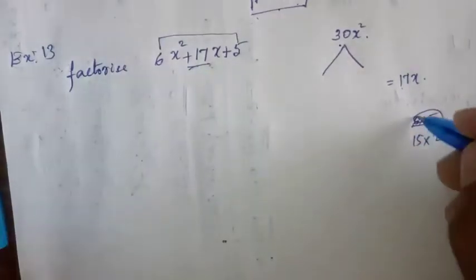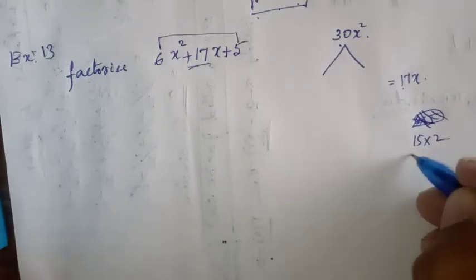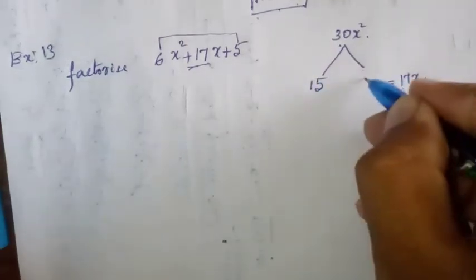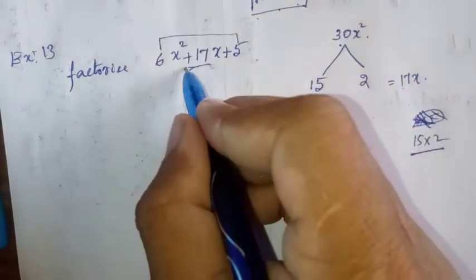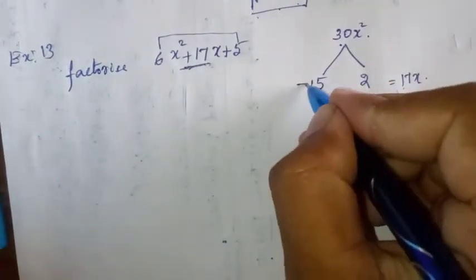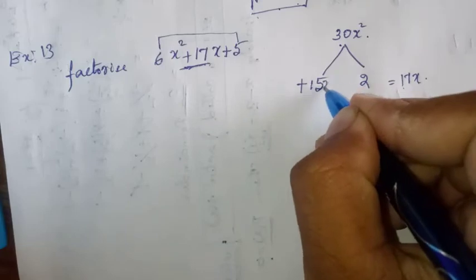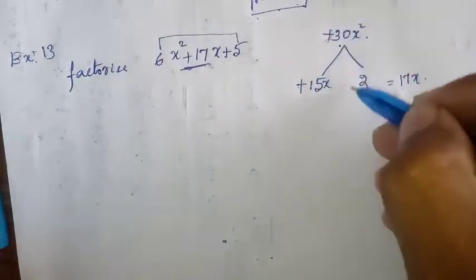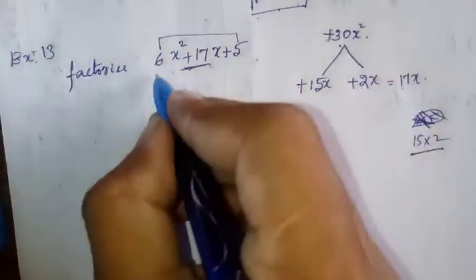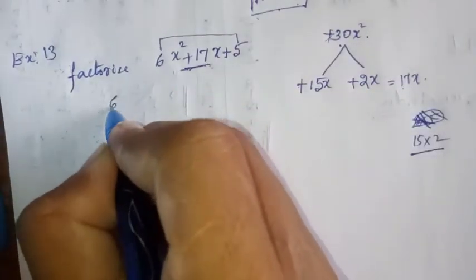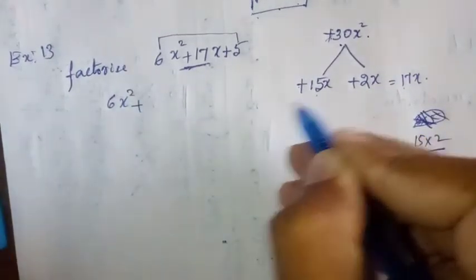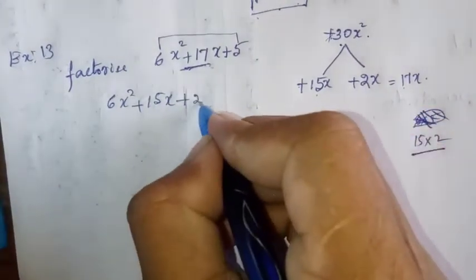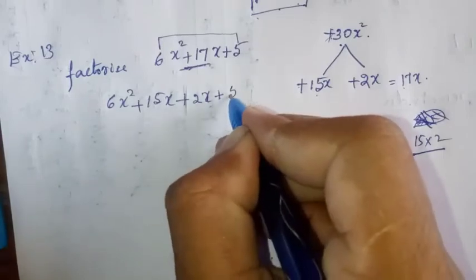Here we need 17, so this one is not possible. In this case the sum is 17. Yes or no? Yes. So 15 and 2 holds good. Already I told you, the middle term sign you should write for the greatest one. Here we already got plus, plus into plus is plus only. Now split the middle term, that's x square plus first term 15x plus second term 2x plus 5.